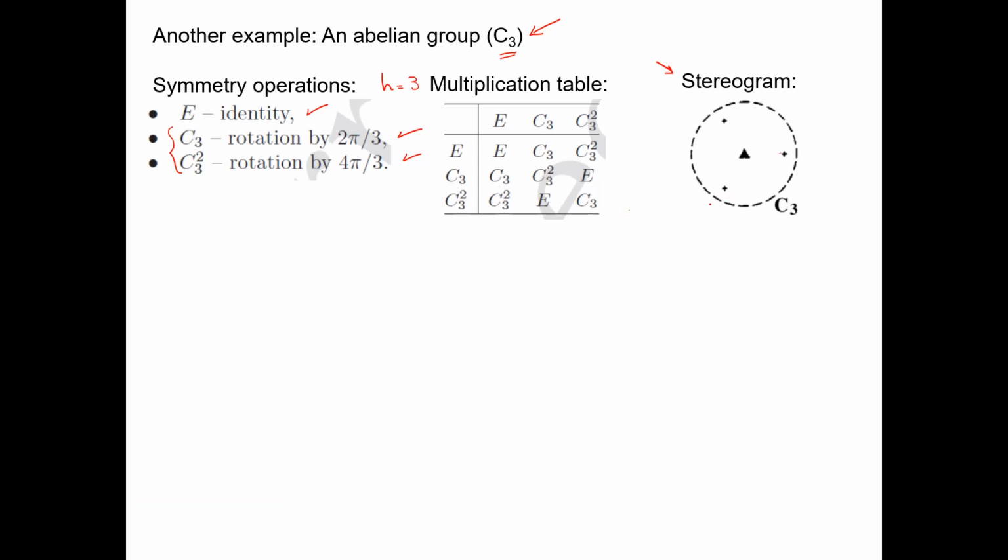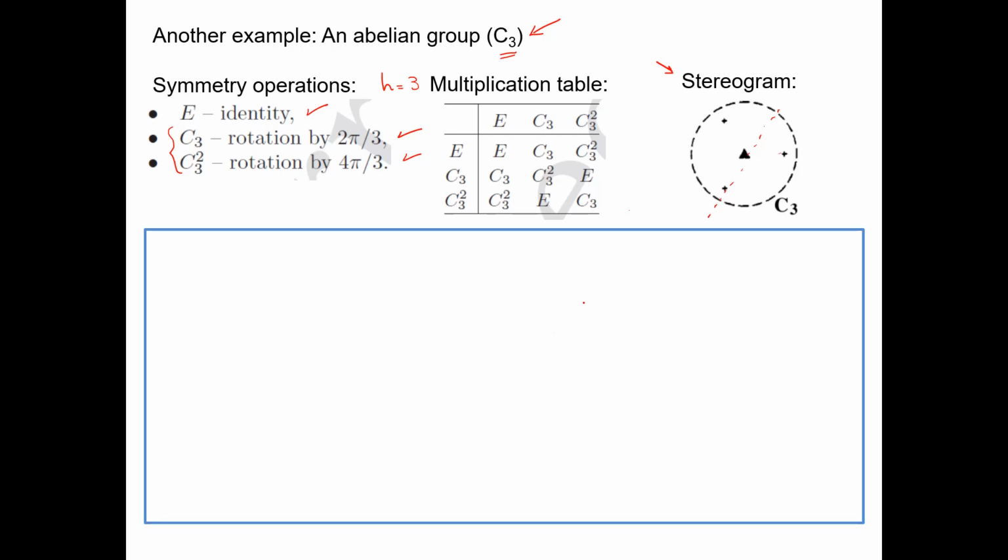You don't have, for instance, reflection planes in this particular case, because the reflection will take the points into themselves, but it will change the orientation of this triangle. So this is not a symmetry operation. Okay. So this is a stereogram for group C3.